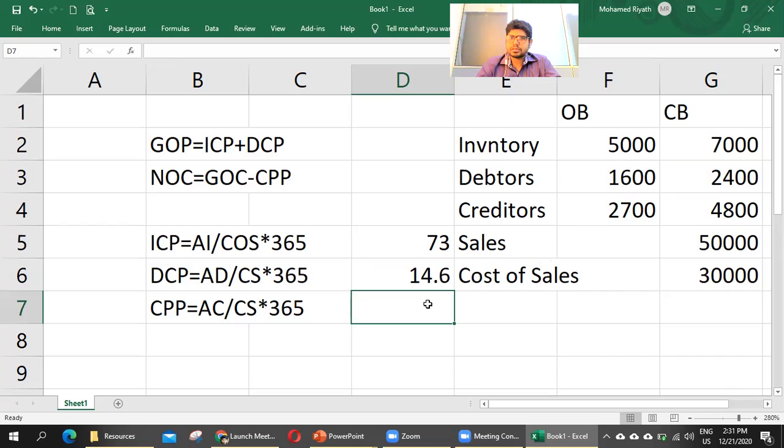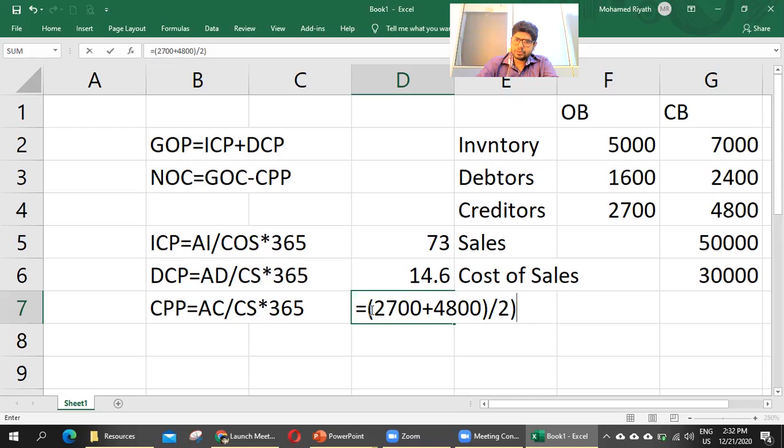Then creditors payable period. How do you calculate? Average creditors first: 2,700 opening balance plus 4,800, divided by 2, then we get the average.